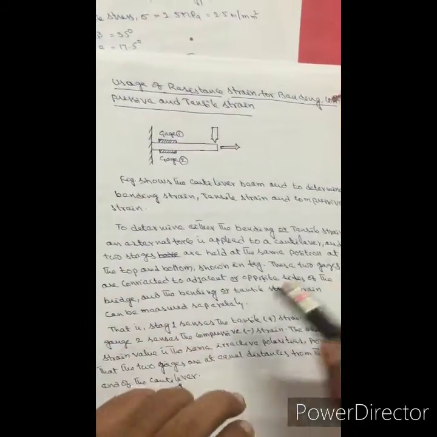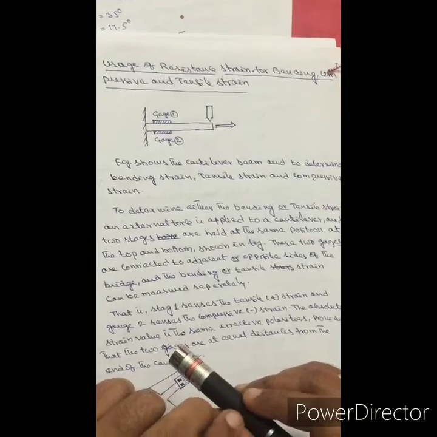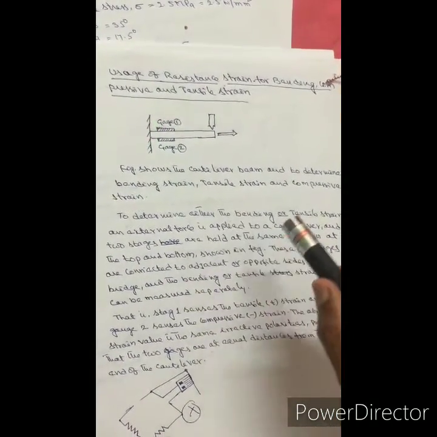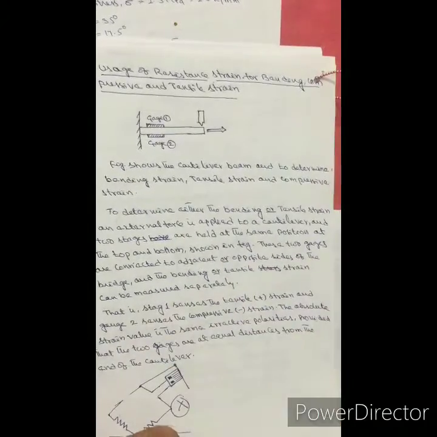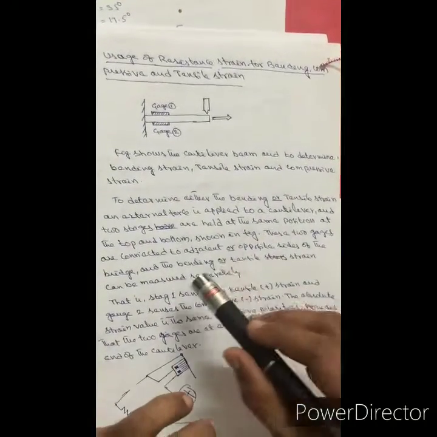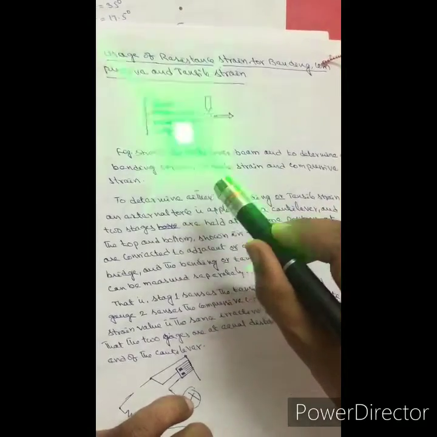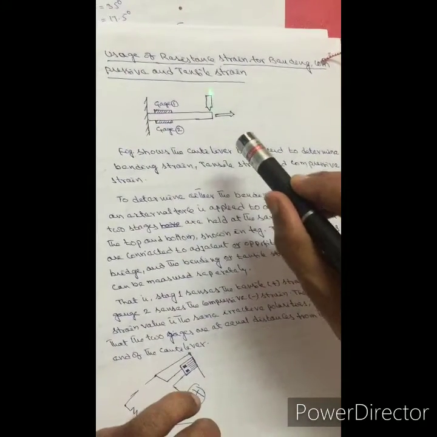Now we will see the usage of resistance strain gauges for bending and compressive strain. In strength of materials we studied that when one end is fixed and the other end is free, it is called a cantilever. Strain gauge 1 I attach over here, gauge 2 I attach over here, and I apply the force.